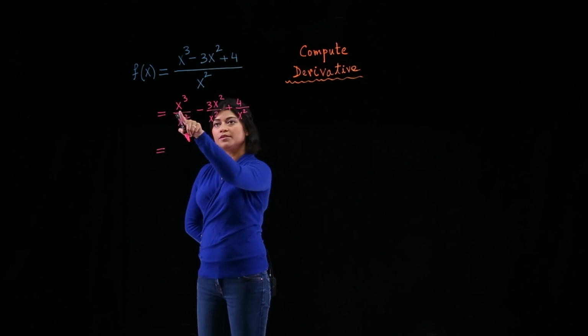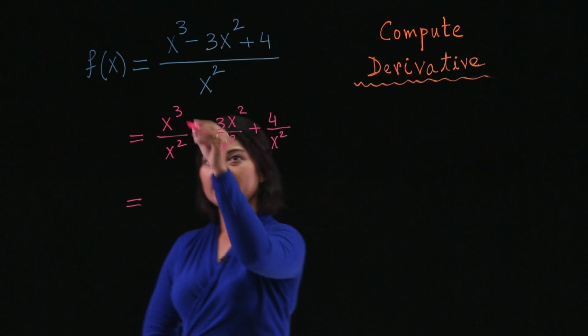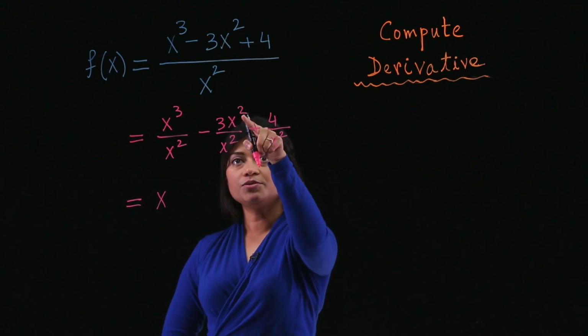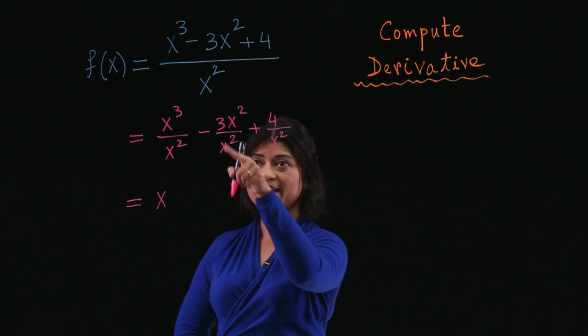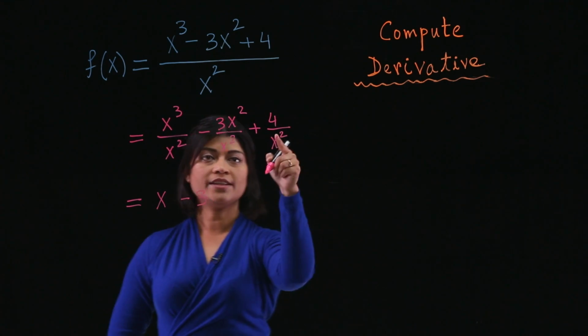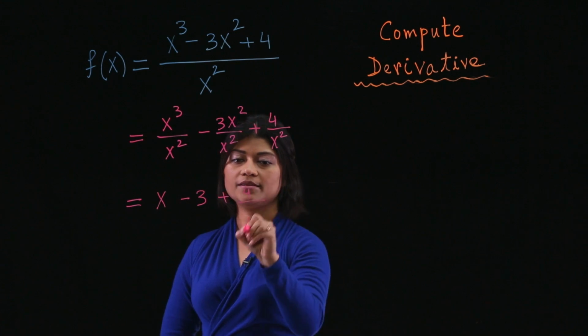From the first term, x cubed divided by x squared, you can cancel and you will have x. Second term, you have x squared divided by x squared, so they will cancel and you will be left with negative 3. And for the third term, nothing cancels, it's 4 divided by x squared.